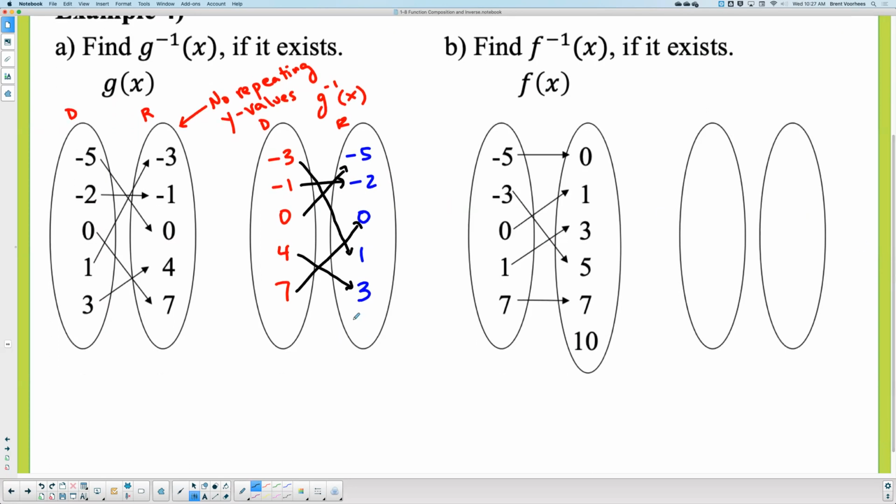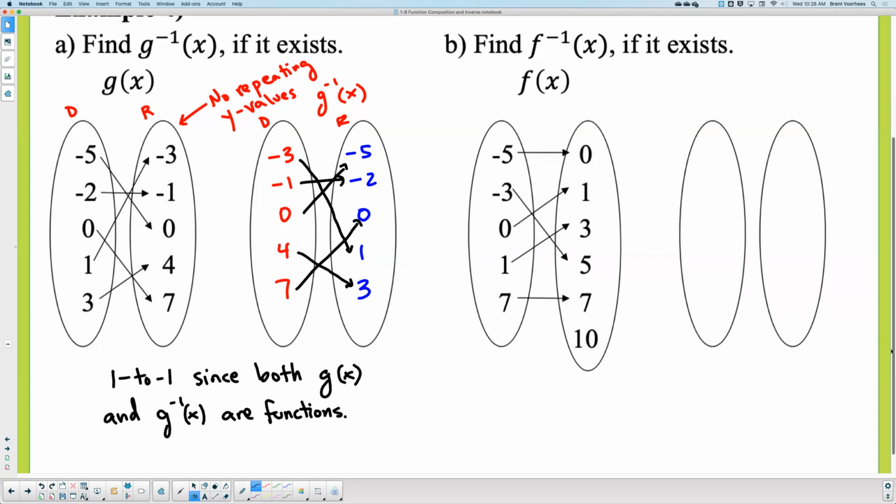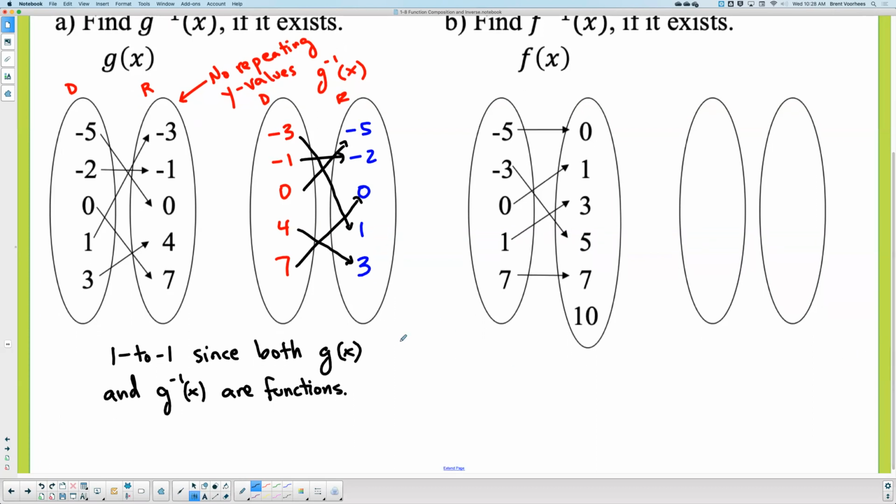And something you need to know is, we call this one-to-one since both g of x and g negative 1 are functions. Delta Math will ask you if it's an onto function. As far as I know, AP doesn't care, but for the sake of your homework, this is an onto function because there are no blank numbers.